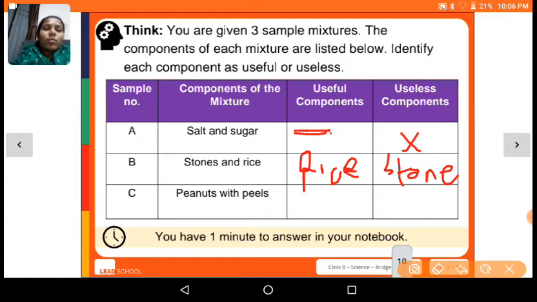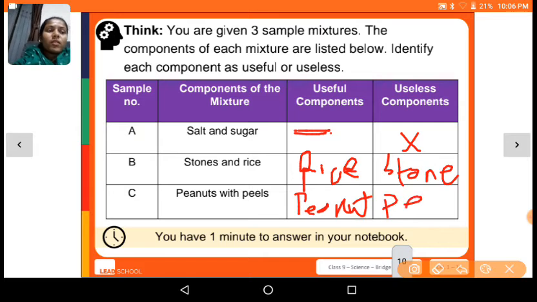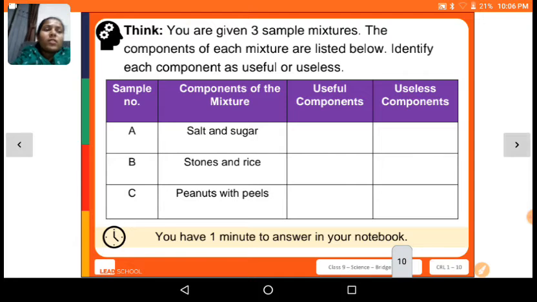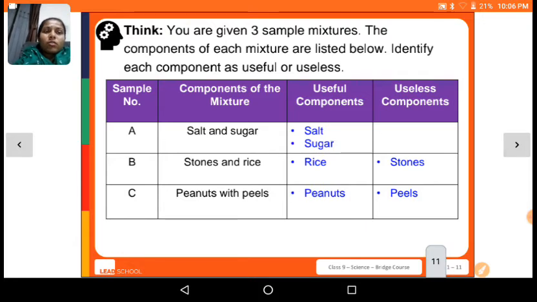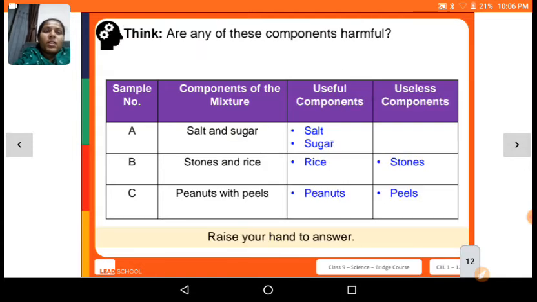So the useful component is peanut, and the useless component is peels, right? So in the mixture of salt and sugar, both are useful components. In stone and rice, rice is useful and stone is useless. In peanut with peels, peanut is useful and peels is useless.